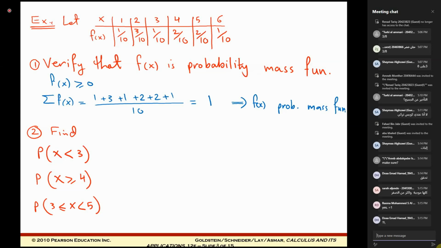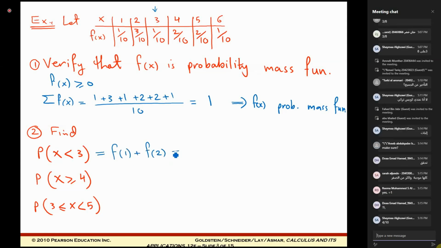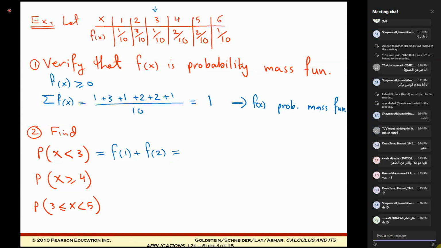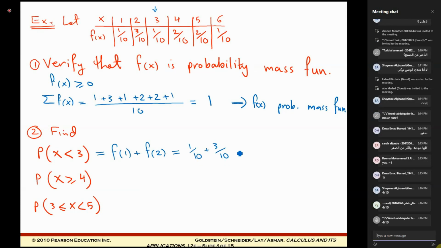Now, how can we find x less than 3? X less than 3, this is the 3. Less than 3, so this means f1 plus f2. Why not put f3? Because x is less than 3, not less than or equal. So this equals 1 over 10 plus 3 over 10, so we have 4 over 10.